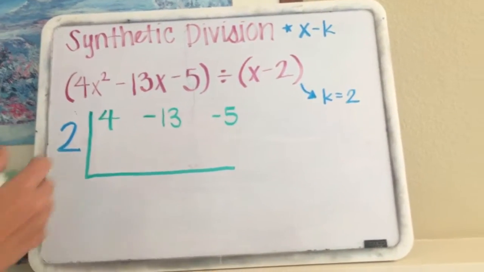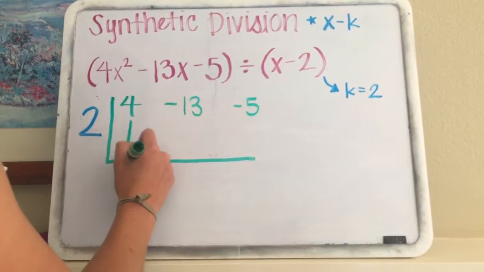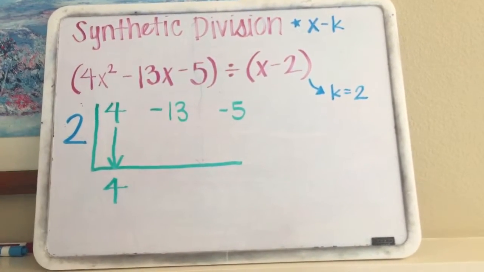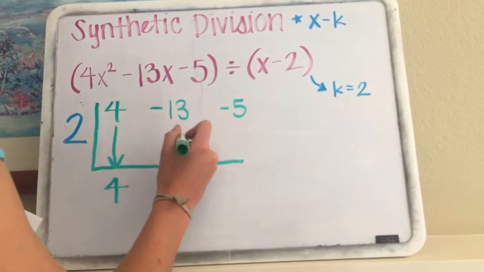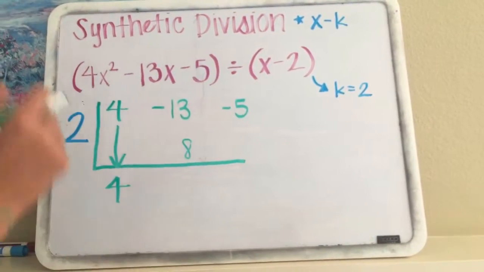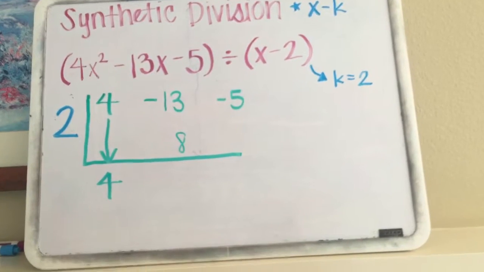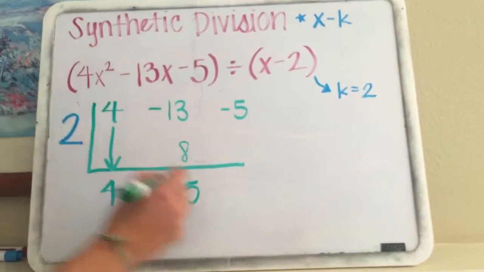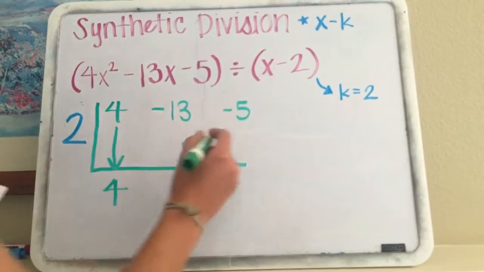So we would start by bringing down our leading coefficient, which is 4, and multiplying it by our k value. So here we would have 8. And so we would add negative 13 plus 8, which is negative 5. Negative 5 times 2, negative 10.